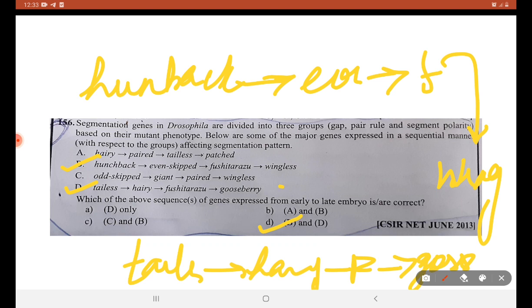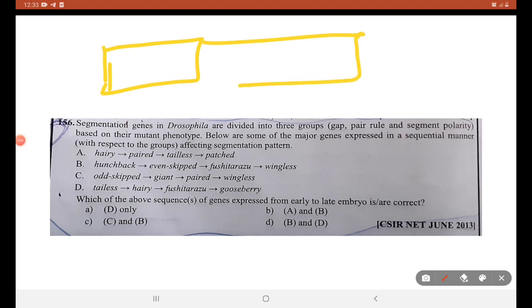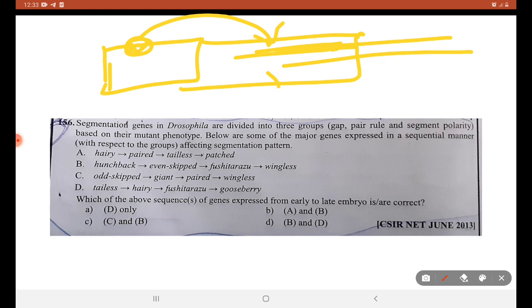So think about that. Hunchback is the anterior segment. Even-skipped and fushi tarazu are the posterior segment. So hunchback will go and induce these. It will have an even segment, even-skipped and fushi tarazu. It will produce hedgehog signaling, which will again stimulate wingless. This is one kind of signaling.